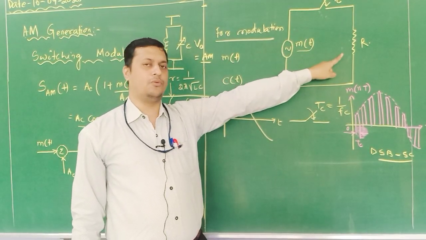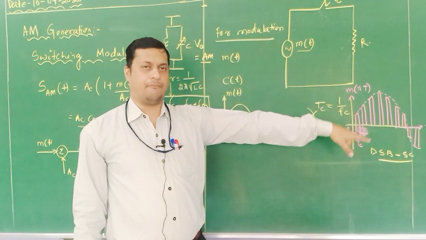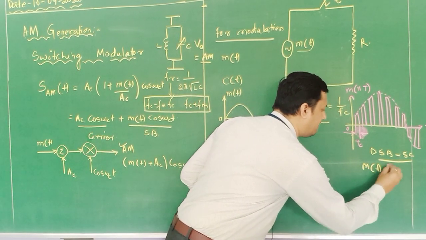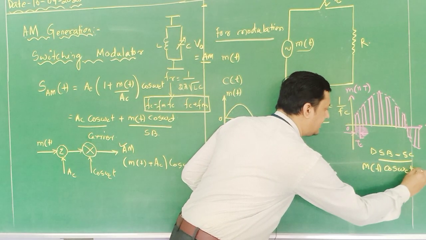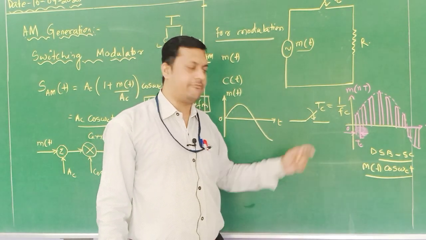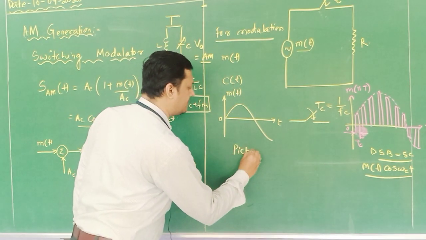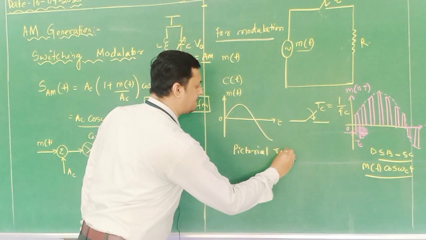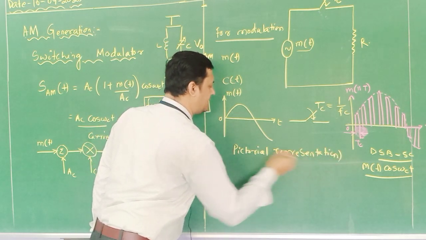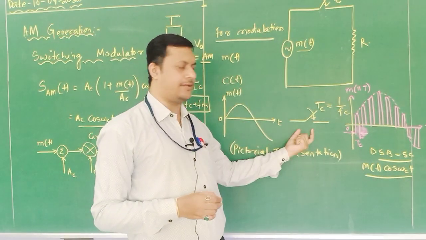So whatever output we are getting is called DSB-SC, double sideband with suppressed carrier. Double sideband suppressed carrier means I am getting m of t cos omega ct. But how we are getting this m of t into cos omega ct, we will analyze. This is only the pictorial representation. So this pictorial representation indicates that the message signal is provided to the switch. This is a switch.